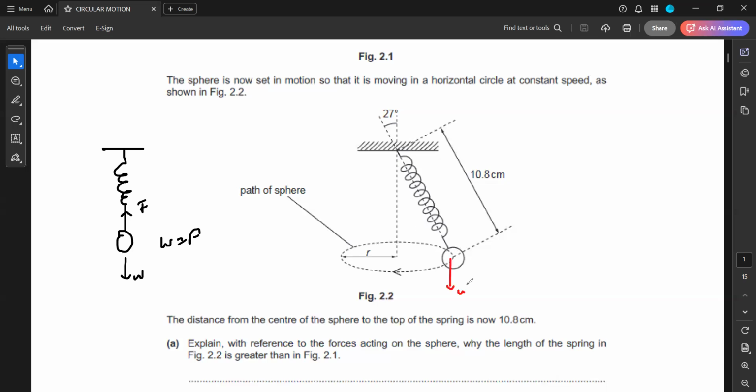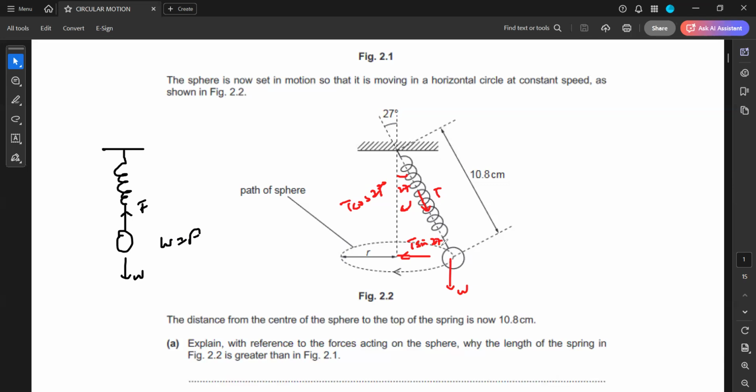Weight is already acting downward, and this angle is 27. If this was T, one component is T cosine 27, and the other component, opposite to the angle, is T sine 27.